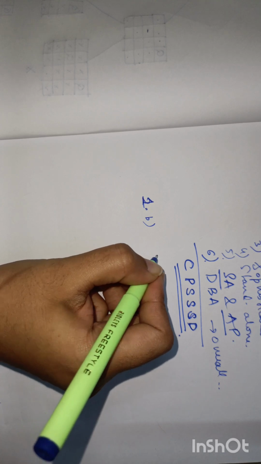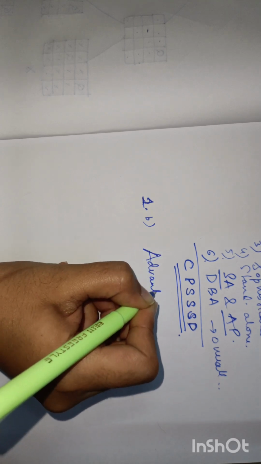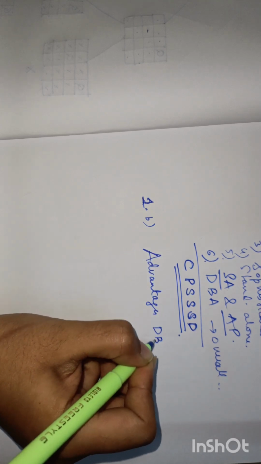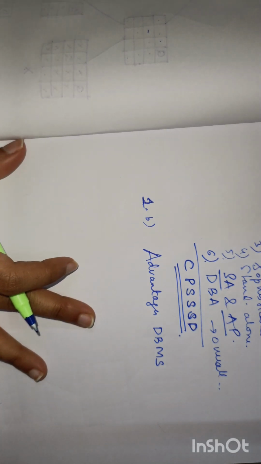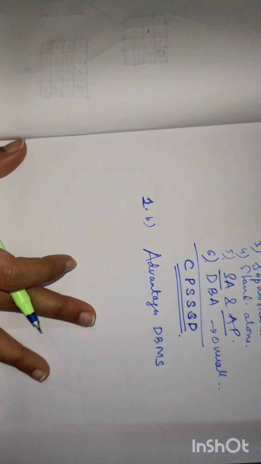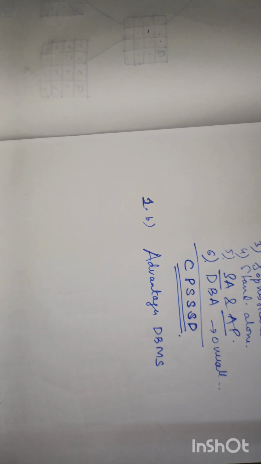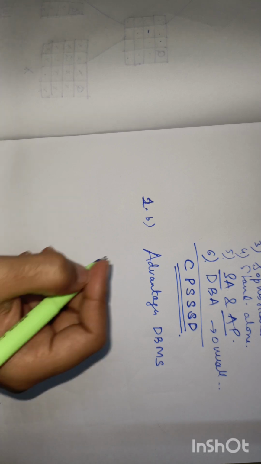The next question is the advantages of a DBMS. We have multiple advantages of a database management system. So let us go one by one. I'm explaining such that you can write the answers using similar words. Now, what are the advantages of DBMS? DBMS has multiple advantages.